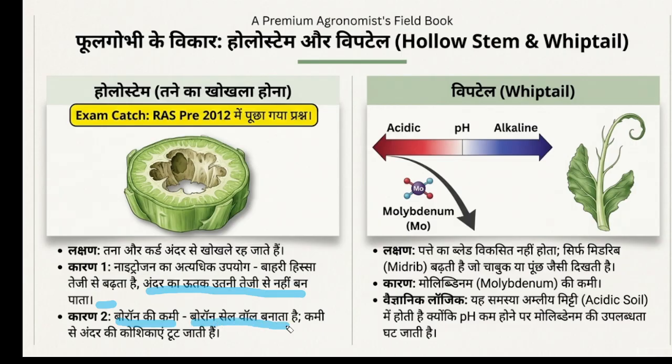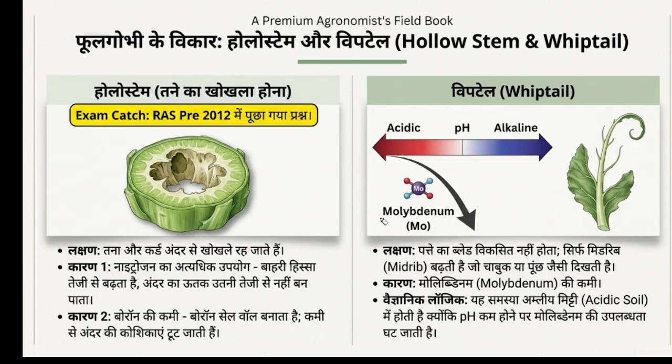But exactly opposite to this is a problem called hollow stem, the hollowing of the stem. I saw in the source that this appeared in the RES pre-2012 exam. Yes, hollow stem is very important from the exam standpoint. It is exactly the opposite situation to buttoning, meaning in this nitrogen becomes excess.